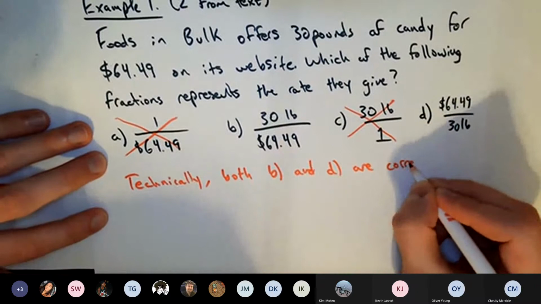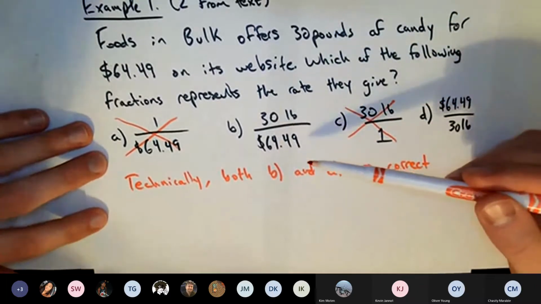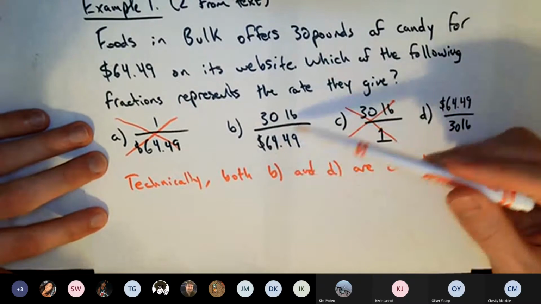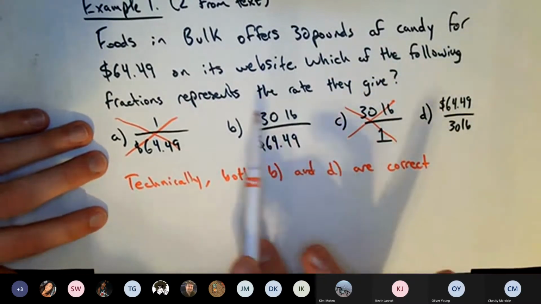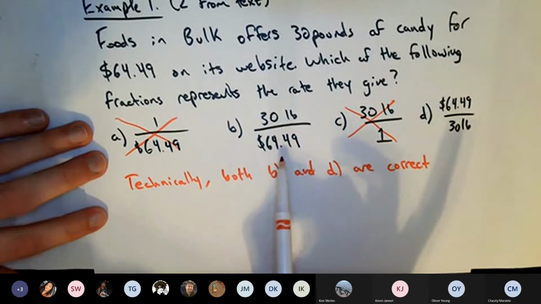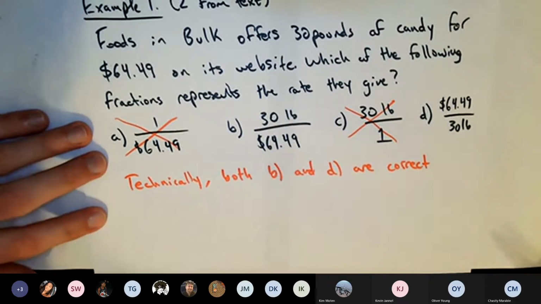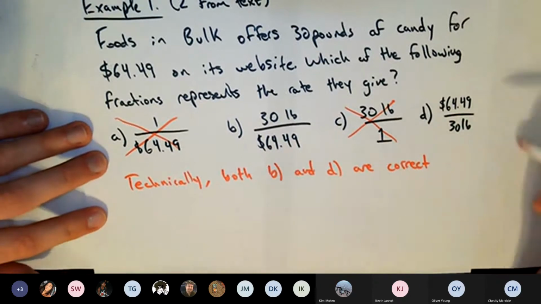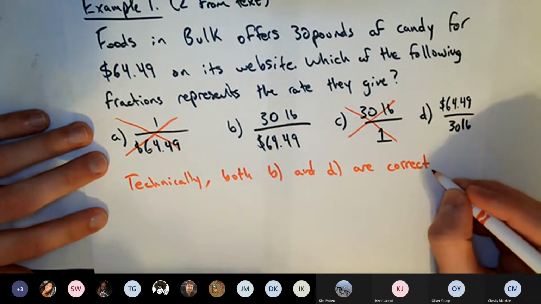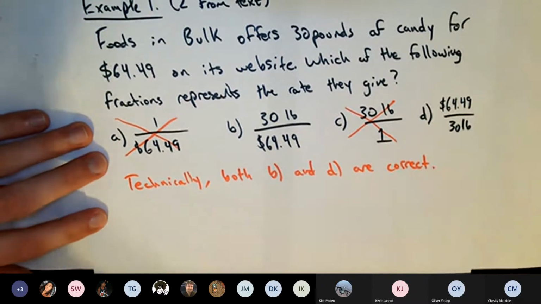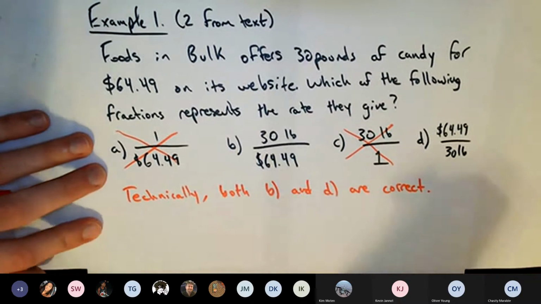And why do I know they're correct? Both quantities are involved, the 30 and the 64.49, and they have the appropriate unit attached to them. Notice that the 30 has the pounds, so it's not like $30 over 64.49 pounds. It's the appropriate unit attached to each of the numbers in both cases. So technically, both B and D are correct. That's what you would select if this was a homework problem or a test problem.